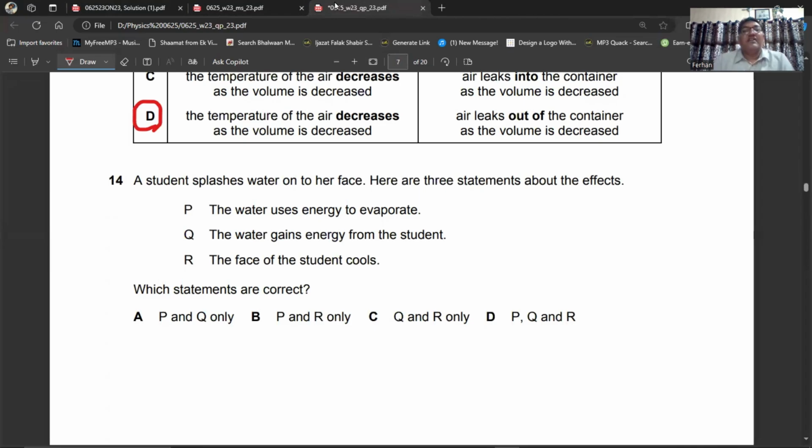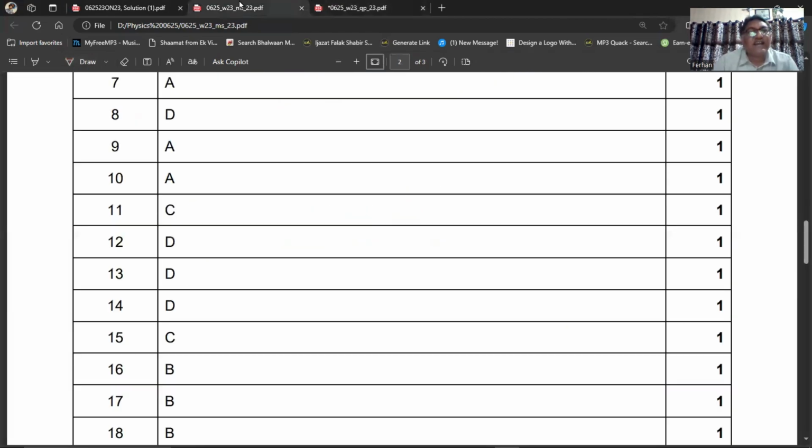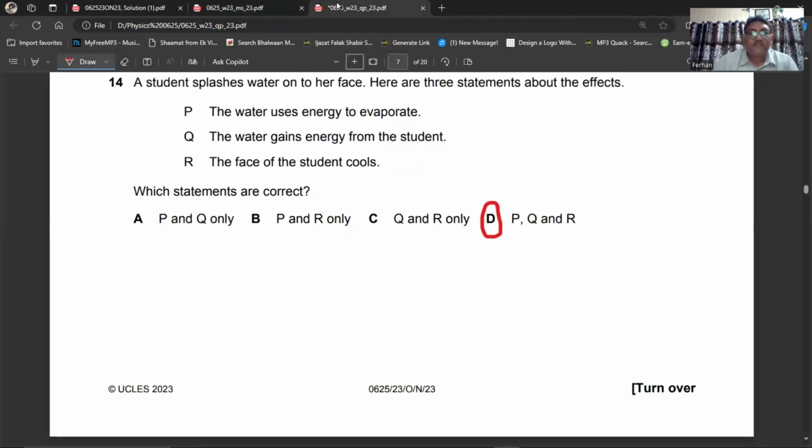That is also right. The face of the student cools. That's why you splash: when you splash water on your face, you feel coolness. Which statements are correct? So I think P, Q, and R, all the statements seem to me to be correct. This happens. Question number 14, D is the answer, sir. D is the right answer.